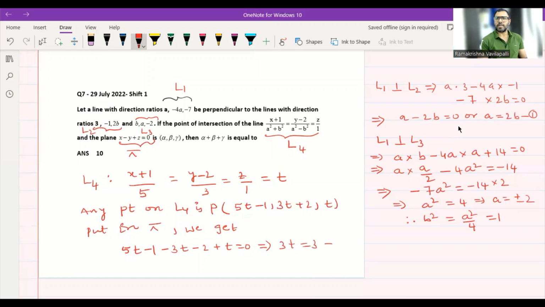So this implies t equal to 1. Therefore, the point of intersection of line and plane is P equal to, substituting 1 in P, you will get 4, 5, comma 1. So these are the alpha, beta, gamma. Hence we got the answer.